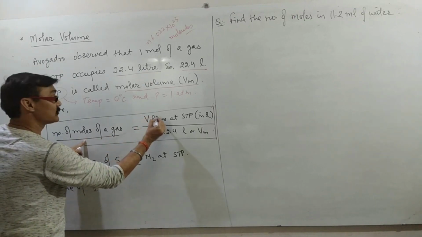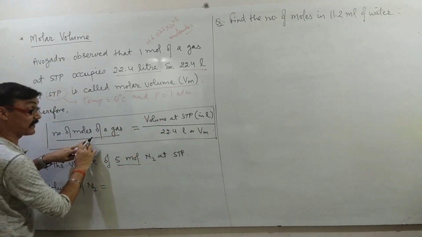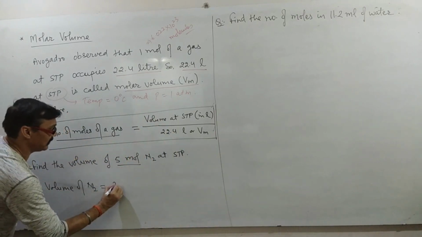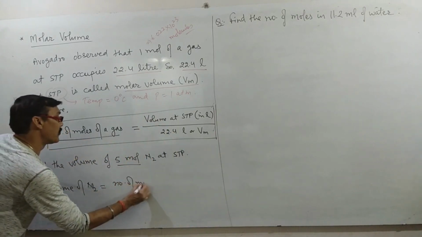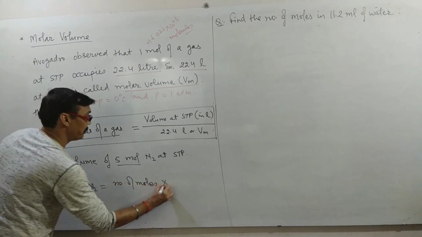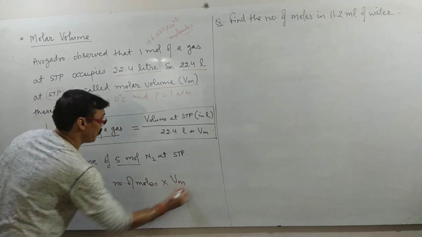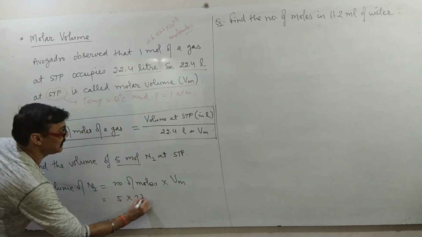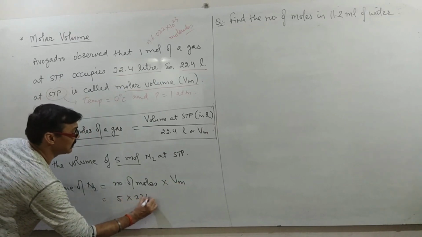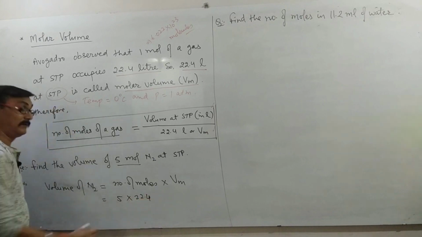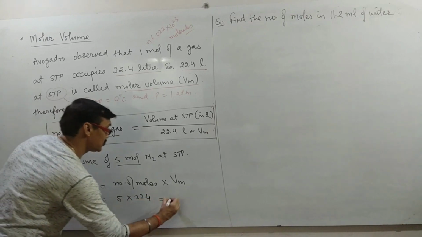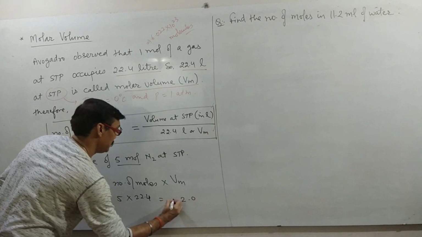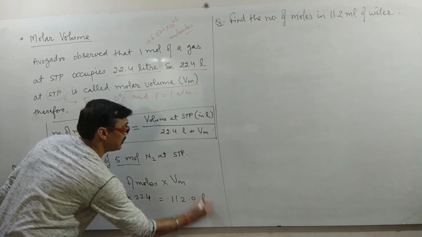Volume is asked. So volume is equal to number of moles of gas multiplied by molar volume, that is 22.4 liter. Number of moles 5 and molar volume is 22.4 liter per mole. It is equal to 112 liter.